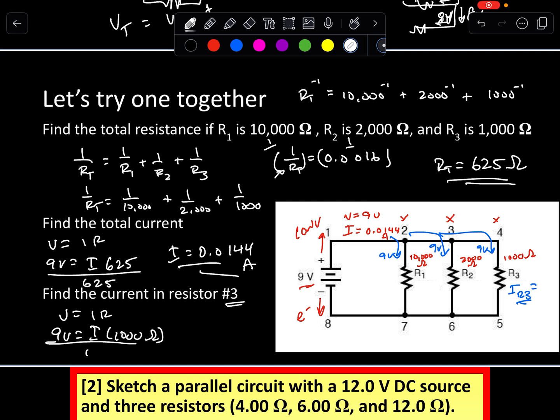All right, divide by 1,000. I equals 9 divided by 1,000. So this is going to be 0.009 amps. Now, one thing we notice, and again, this is the teacher in me, we can see that that is still less than what we had up above. So that's a good thing.